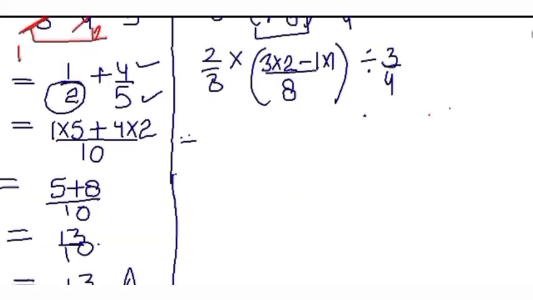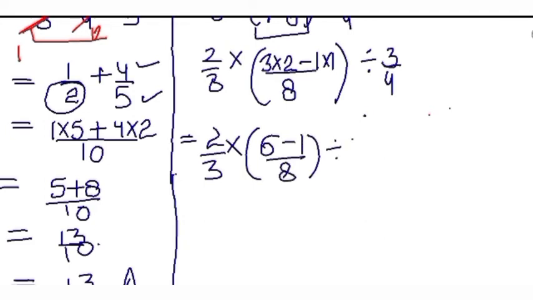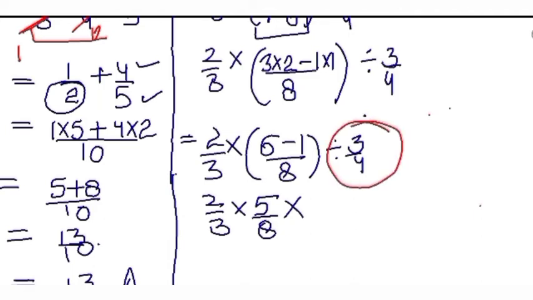Now solve it. 2 upon 3 multiply, 3 2s are 6 minus 1 upon 8, divided by 3 upon 4. 2 upon 3 as it is, multiply, 6 minus 1 is 5 upon 8. Now division sign will be replaced by multiplication, and now write its reciprocal.